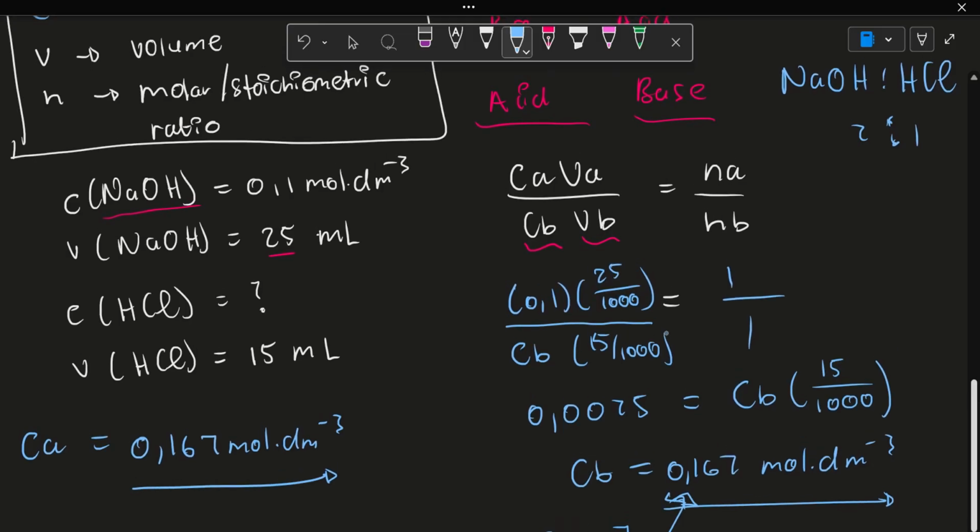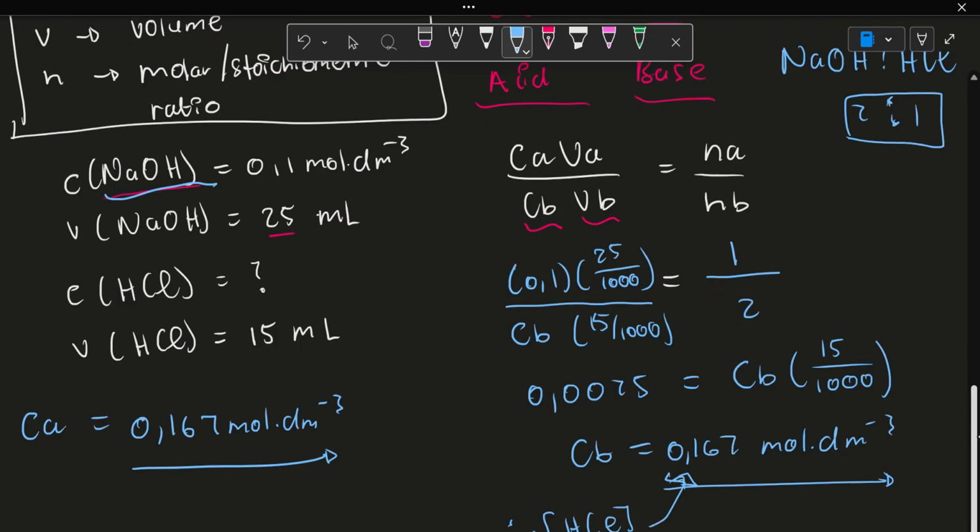But if I had a ratio of 2:1, that means these guys will change, right? If I have chosen Ca and Va as my sodium hydroxide, then my Na must also go according to the Na of sodium hydroxide, meaning I'm going to have to have a 2 here and a 1 there. But if I choose the other way around, where my Ca and Va was hydrochloric acid, that means at the top I would have my 1, and at the bottom I would have my 2. Okay, I really hope I'm making sense.